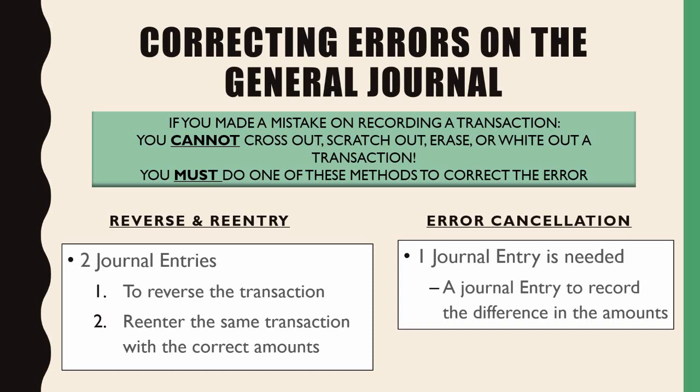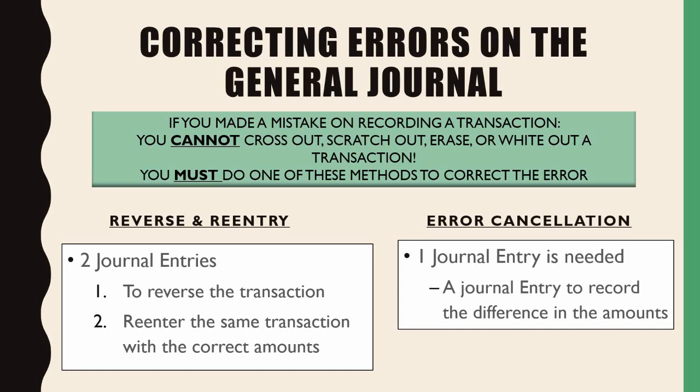Now, for the sake of this class, we are looking into practicing this, but the rule here is that if you make a mistake, you shouldn't be deleting it, because that's room for potential fraud. Okay? So that's why you can't just cross it out.